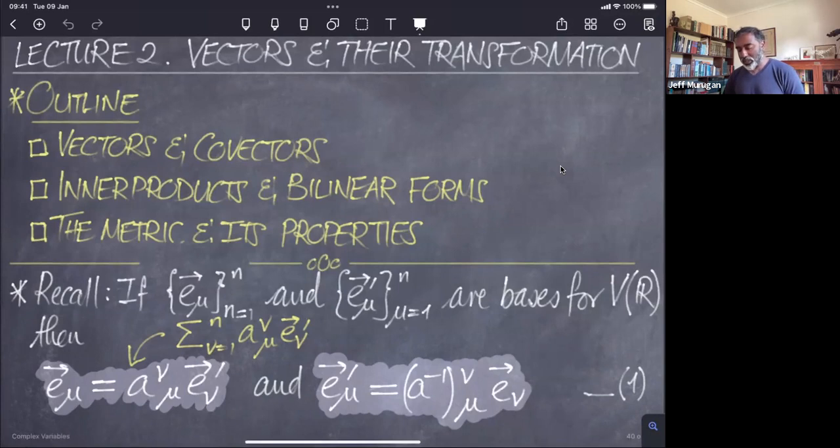This equation here on the left-hand side is technically a matrix equation, right? I would otherwise write it in the form E is A times E prime, taking the components out, where by the right-hand side I mean a matrix product, okay?